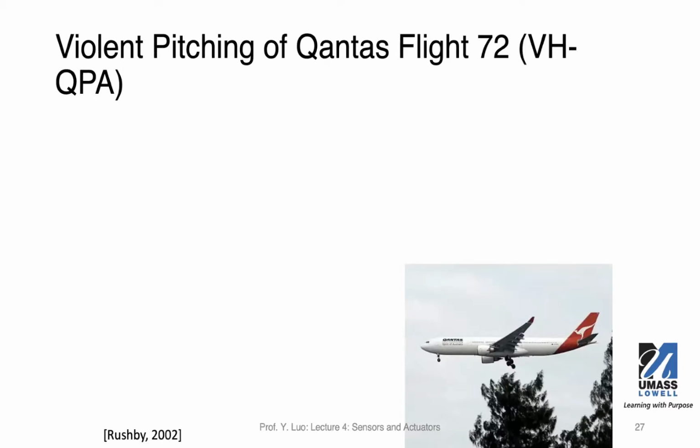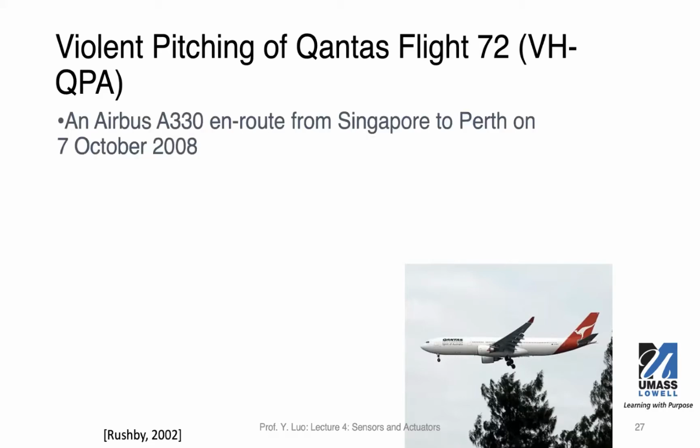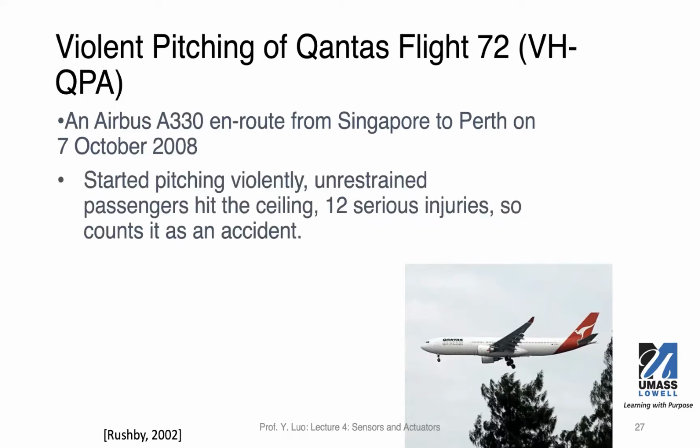In the slide, Professor Lee and Seshia outlined this example. This is Qantas Flight 72 that was flying from Singapore to Perth on the 7th of October 2008. This is an Airbus A330 airplane.